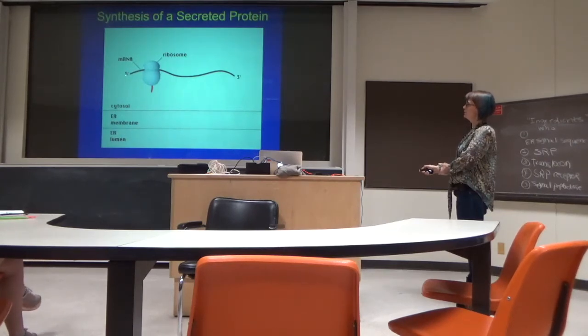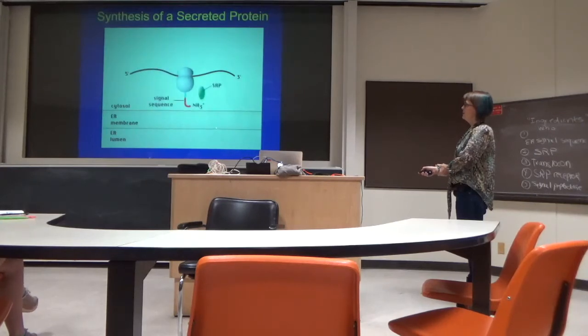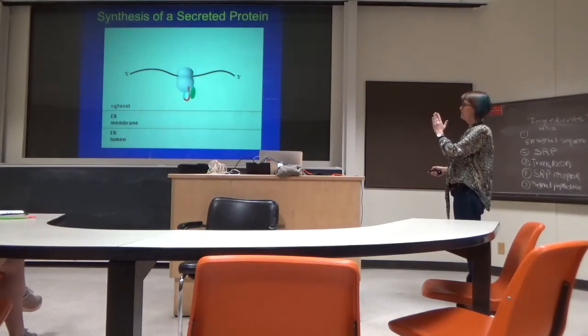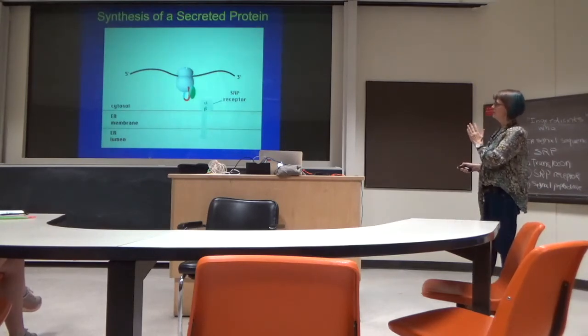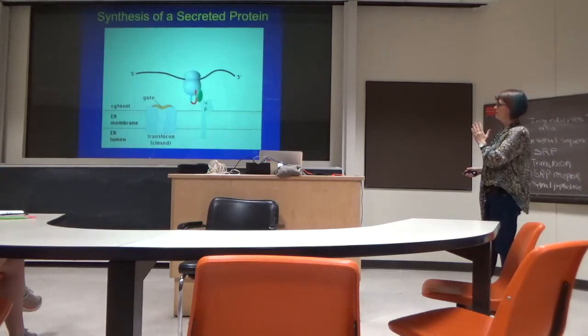So here's the message. The ribosome has already docked onto the 5' end of the message, the small subunit and the big subunit. And synthesis has already begun. We see the ER signal sequence emerging right here. SRP binds to that ER signal sequence at the amino terminus. Translation stops, pauses, and it will pause until the SRP plus ER signal sequence encounters the SRP receptor on the ER membrane.